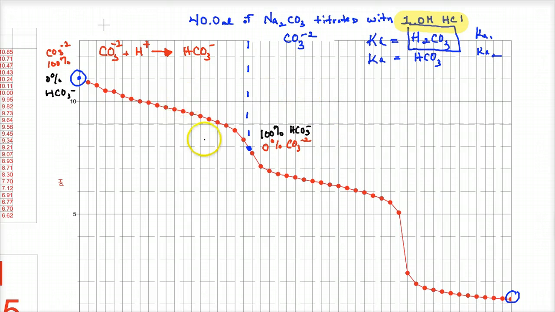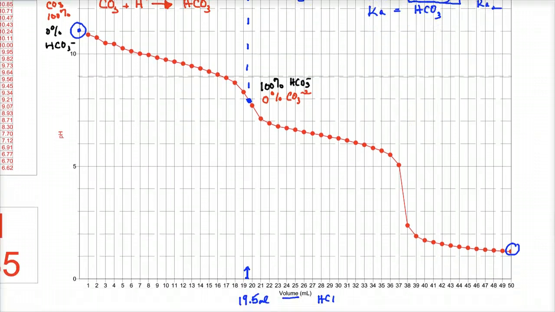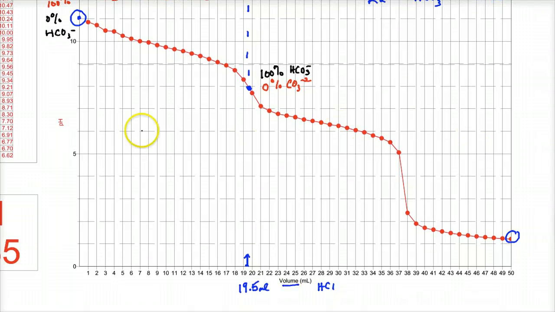Now, that must mean that if it took 19.5 milliliters to completely neutralize this carbonate ion, then shouldn't it make sense that halfway between 19.5 and 0 would be the amount it takes to halfway neutralize it? So half of 19.5 is what? 9.75 or 9.25? So about 9.75 somewhere along here would be my max buffering position.